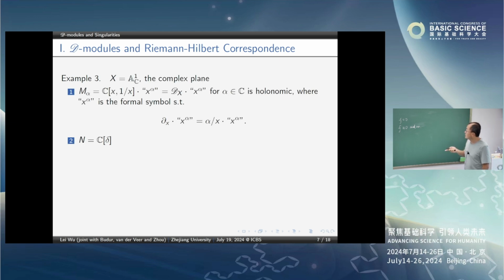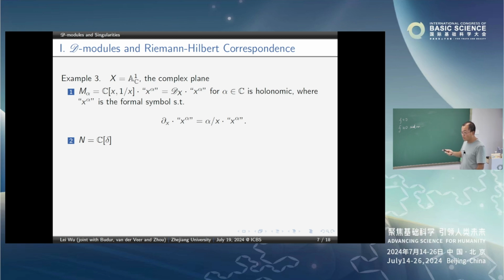Now let's look at some examples of holonomic D-modules. Suppose X is just the one-dimensional affine space, the complex plane. Then we can consider M_alpha, which as an O-module is generated by x^alpha, with O[1/x] being the localization of the structure sheaf at x, the coordinate. We introduce this symbol x^alpha and use it to generate a D_X-module, because by the chain rule we can take derivatives of it to satisfy this relation.